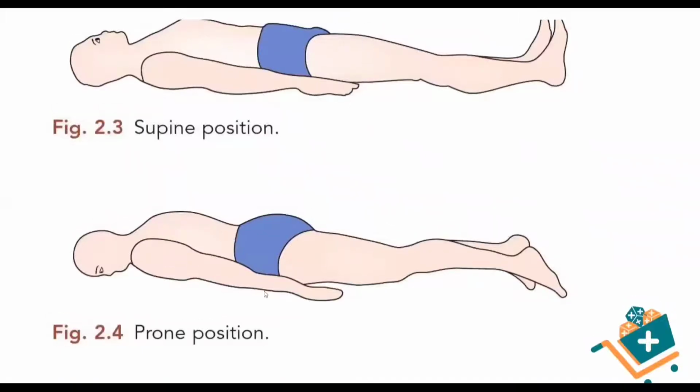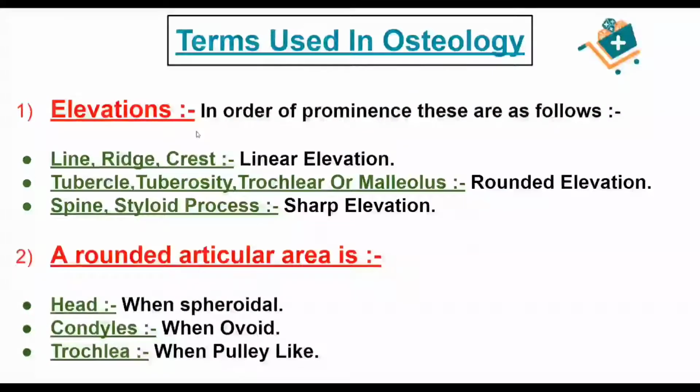You can see here. Now some terms are used in osteology. What is osteology? The study of bones is called osteology. Osteo means bones, logy means study. Some terms used in osteology are line, ridge, or crest, which is a linear elevation.